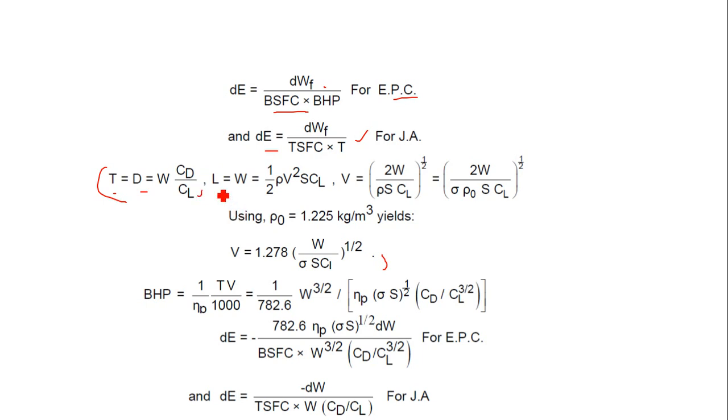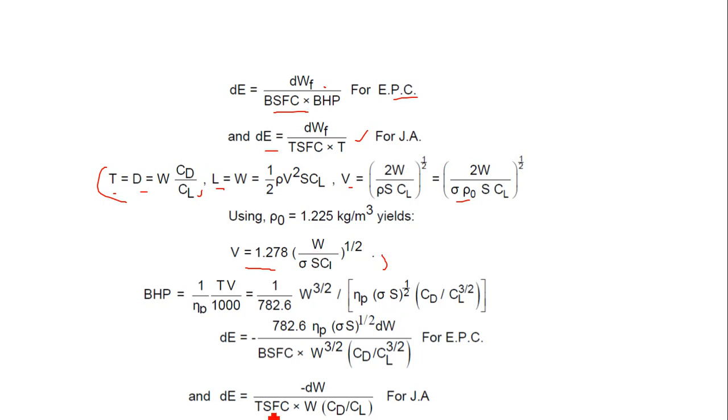And we know L equal to W equal to half rho V square S into CL, and V equal to 2W divided by rho S CL whole power 1 by 2. So for density rho, we can write sigma into rho naught. By substituting, we get V equal to 1.278 into W divided by sigma S CL whole power 1 by 2.